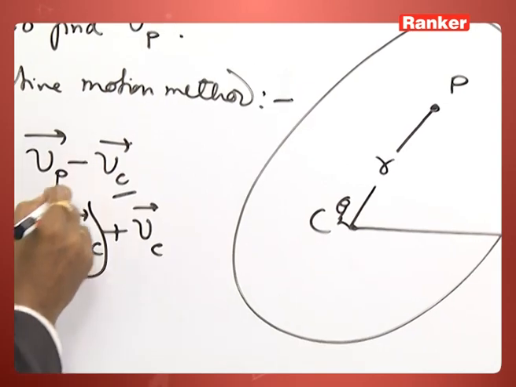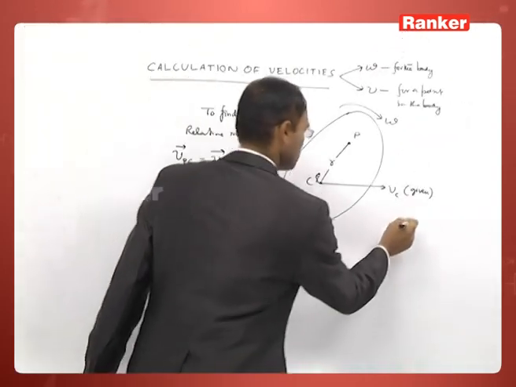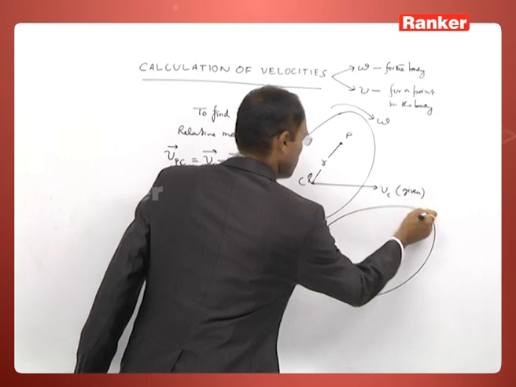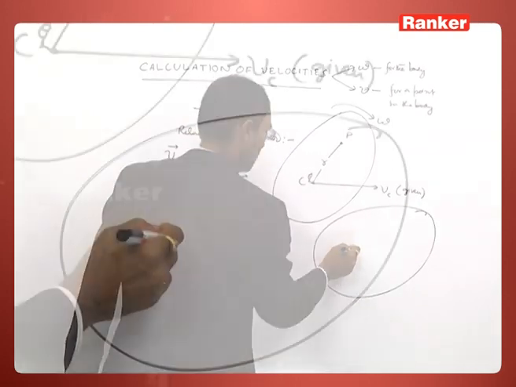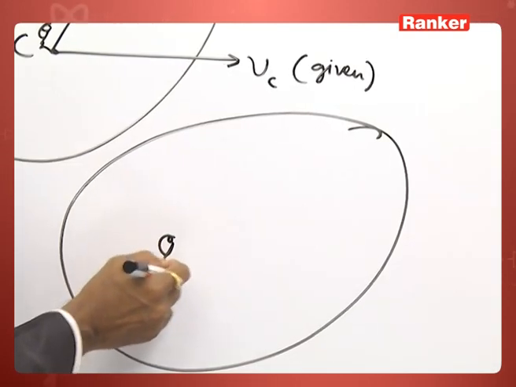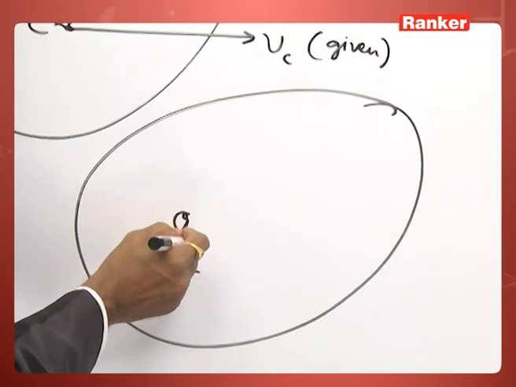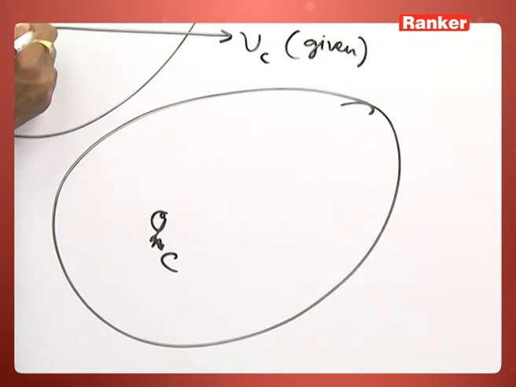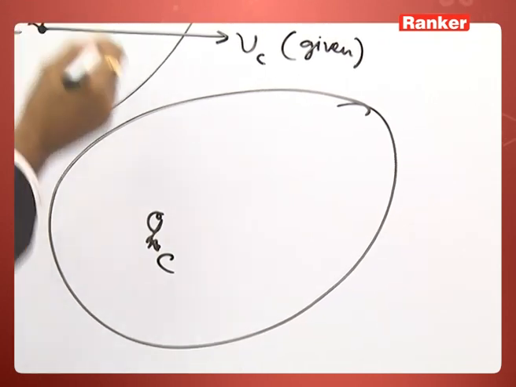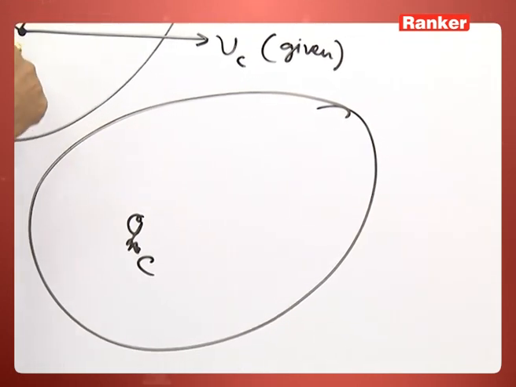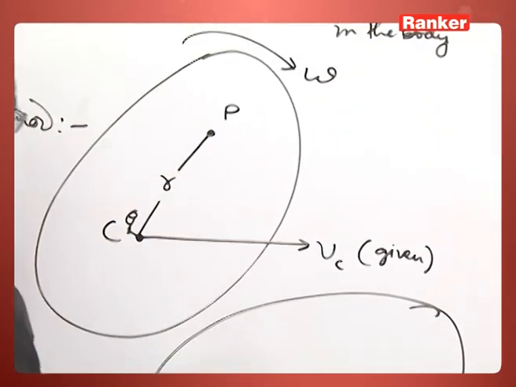Velocity of P with respect to C is physically viewed when you climb onto the point C, if it is center of mass, or it may be any other point.